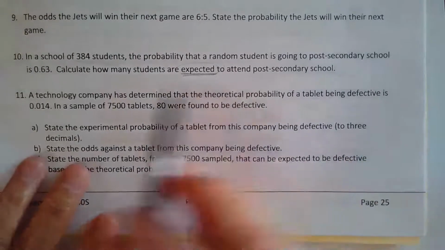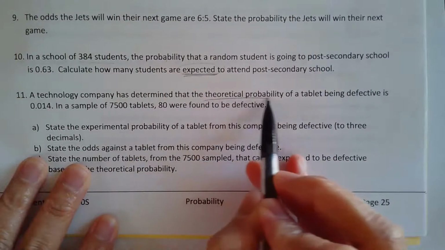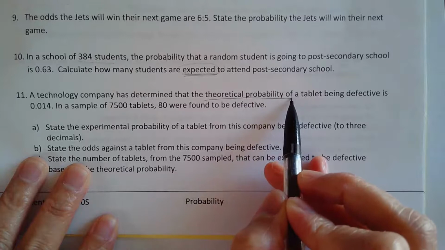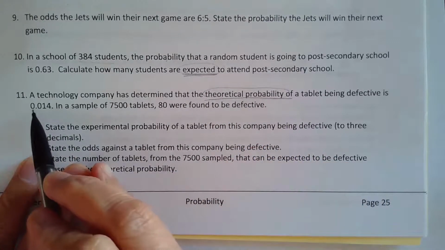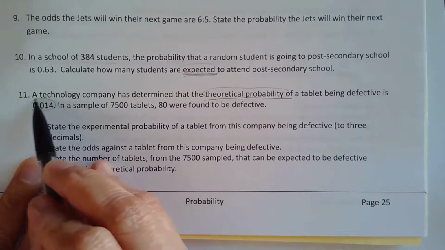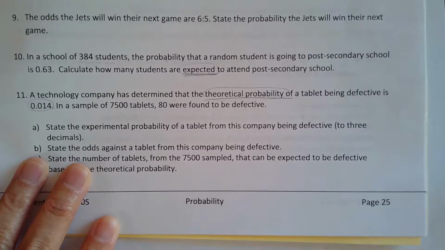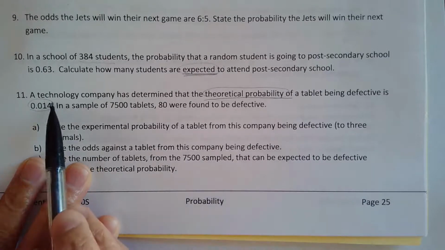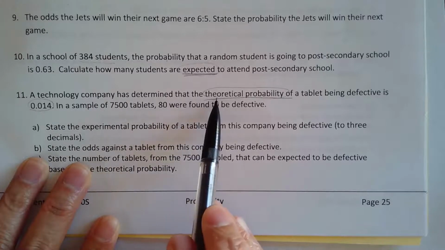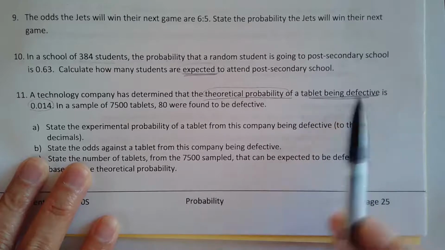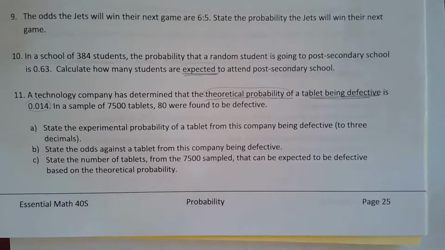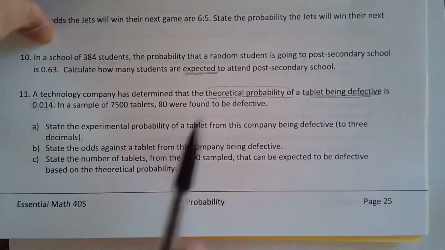It has a theoretical probability. Sorry, let me read that again. The technology company has determined that the theoretical probability of a tablet being defective is 0.014. I'm getting ahead of myself in here.